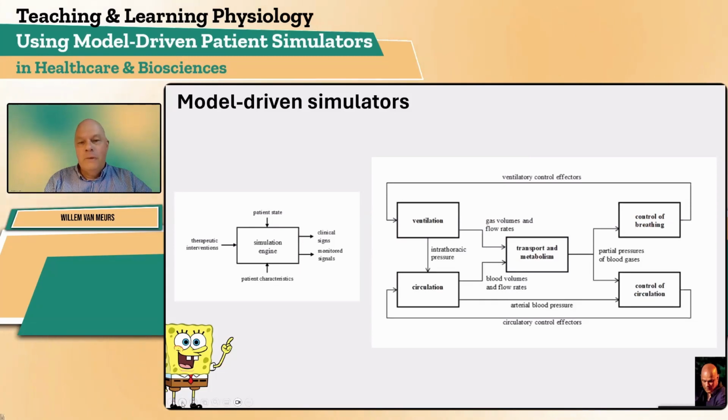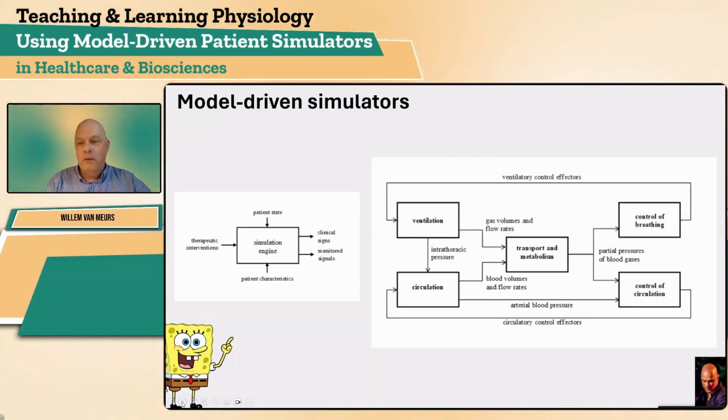On the left side of the bigger diagram, we have ventilation and circulation, which is where we compute volumes and pressures and flow rates of blood and of gases. And those then go into a transport and metabolism system.